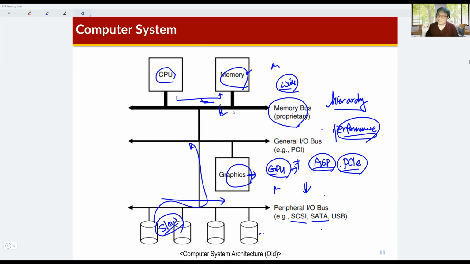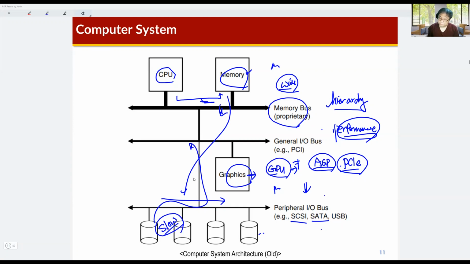That means the cost is very low because the storage system is slow. And then the CPU accesses this storage system with low bandwidth.